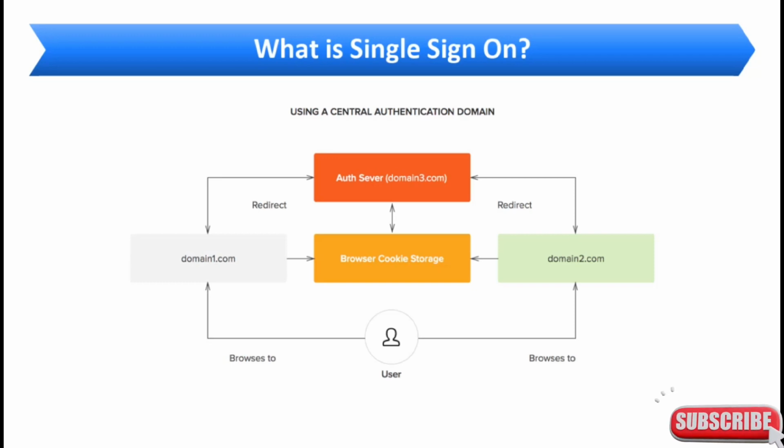In SSO, this identity data takes the form of tokens which contain identifying bits of information about the user, like a user's email address or a username.